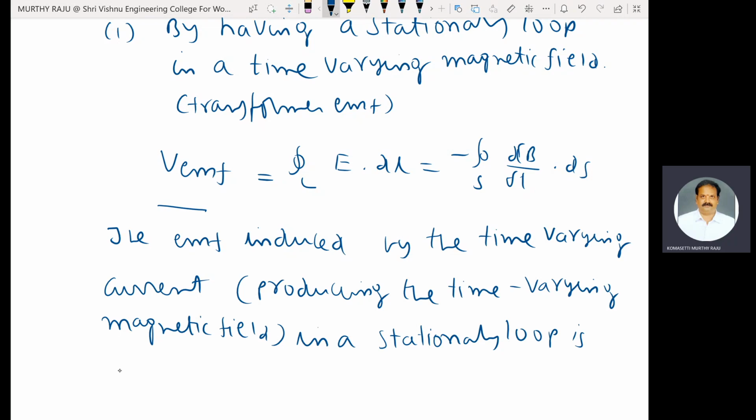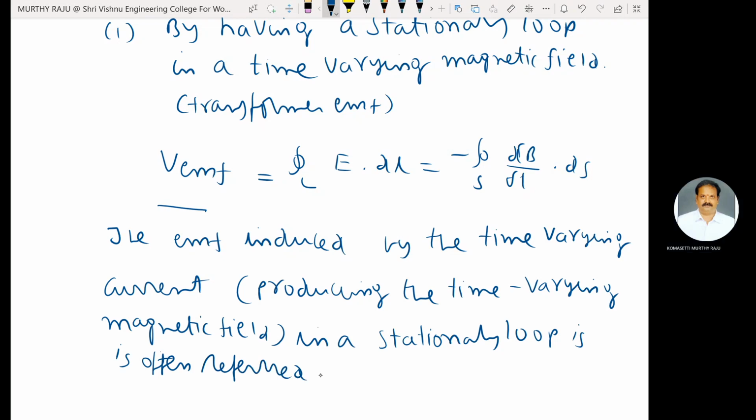Stationary loop means the two coils are stationary, not in rotating mode.